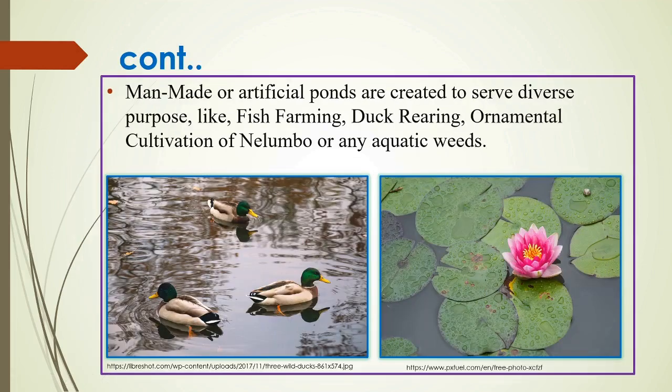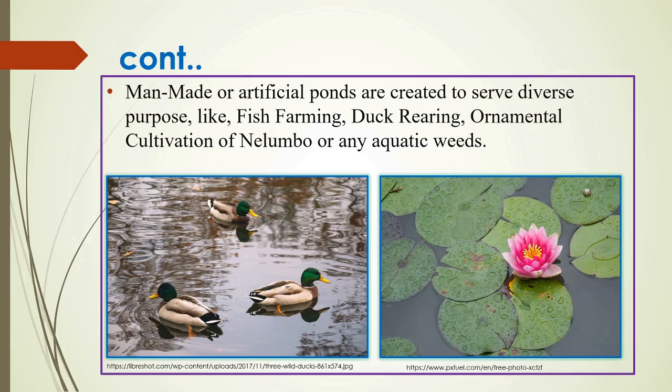The second category of ponds are man-made ponds. They are also called artificial ponds. They are constructed to serve diverse purposes like fish farming, duck rearing, ornamental cultivation of nilambo, that is lotus, or any aquatic weeds.